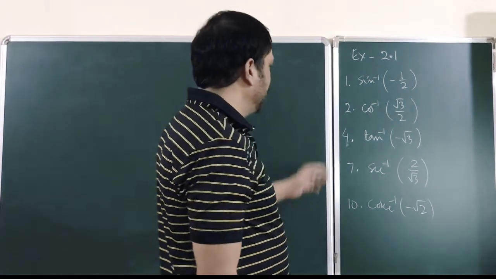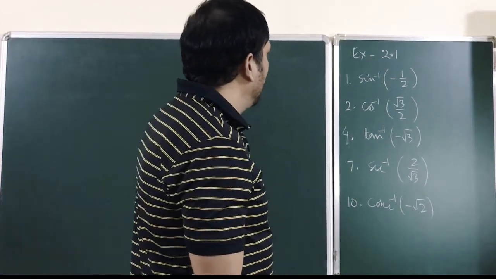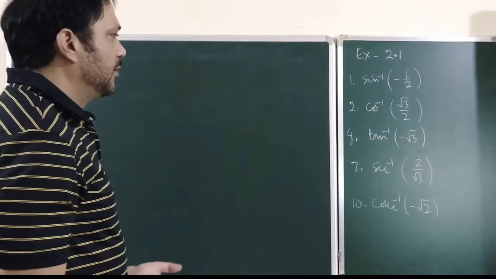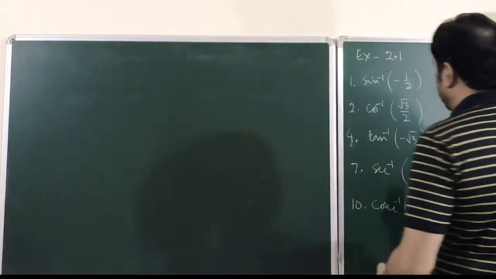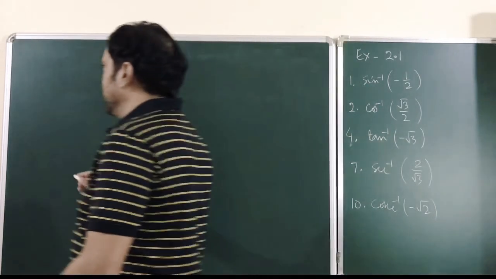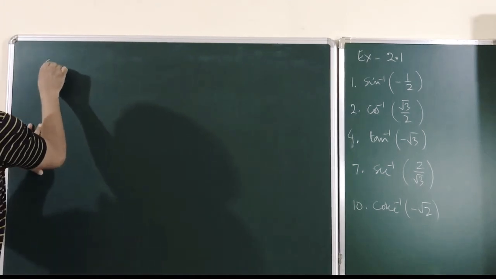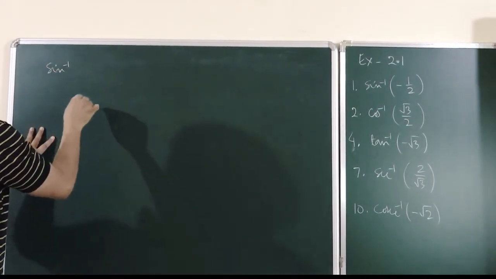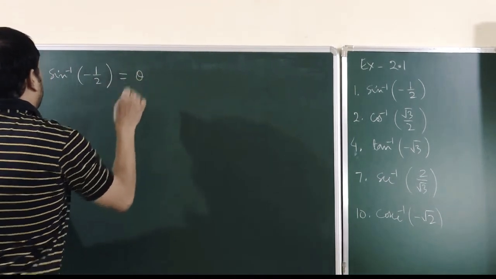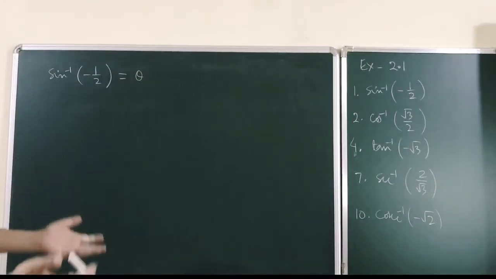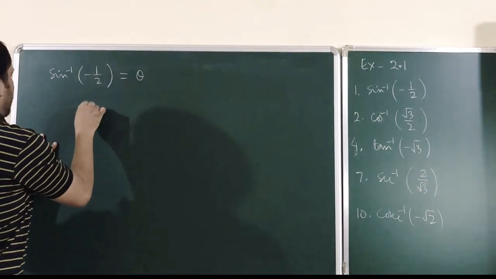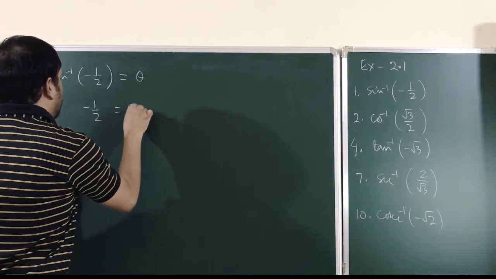Exercise 2.1, few of the problems I have taken. Question number 1 is sine inverse of minus half. It's very easy, you will find which value of sine theta gives minus half. Let's say the answer we get is theta, because the answers of sine inverse are angles. So minus half is equal to sine theta.